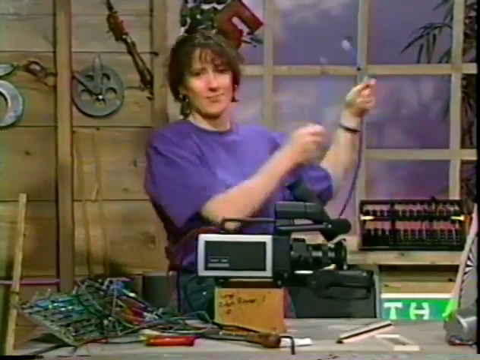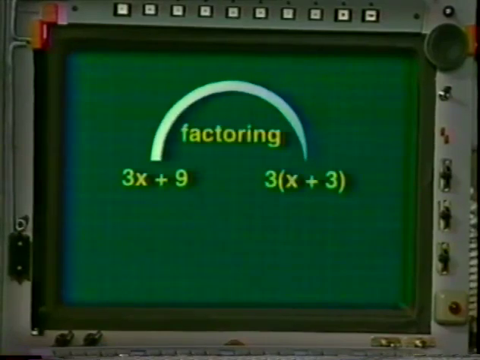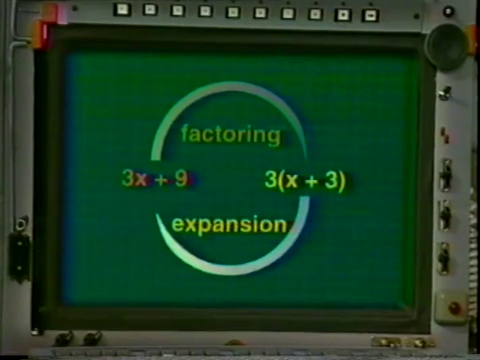Let me demonstrate. Euclid? If I start with 3x plus 9 and factor it, I get 3 times (x plus 3) as a result. If I expand 3 times (x plus 3), I get 3x plus 9 as a result. Let's look at another more complicated example.